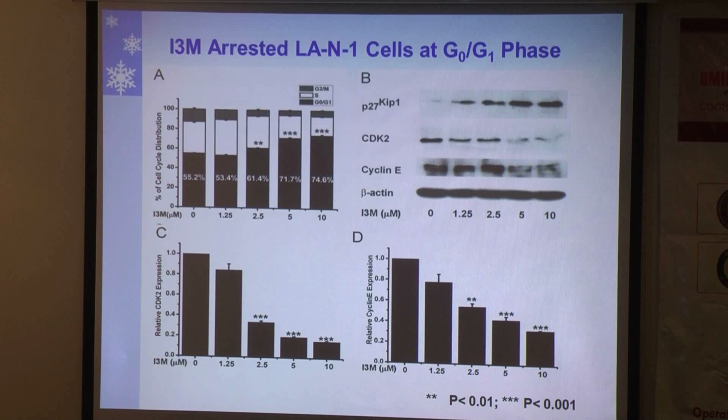We looked at the different cell cycle regulatory proteins, the CDKI p27, inhibitor of CDK, and also CDK2 and cyclin E. You can see there's an increase in the CDKI but a decrease in CDK2 and cyclin E, which are known to be associated with cell cycle progression from G1 to S phase. And this is the result of the Western blot.